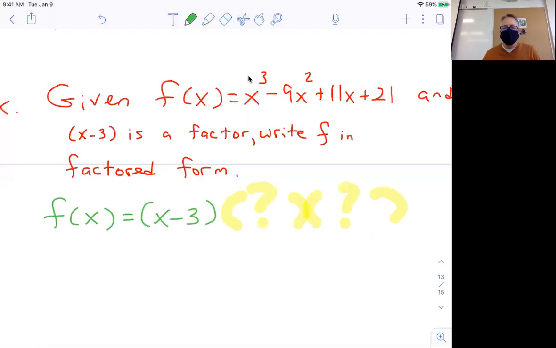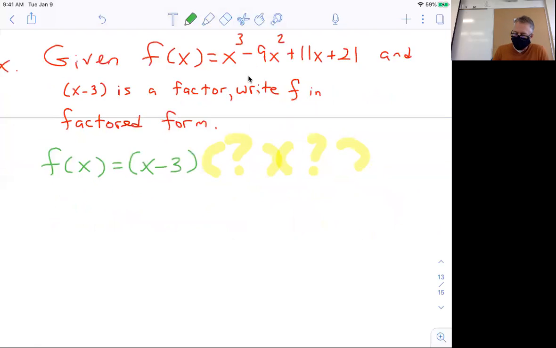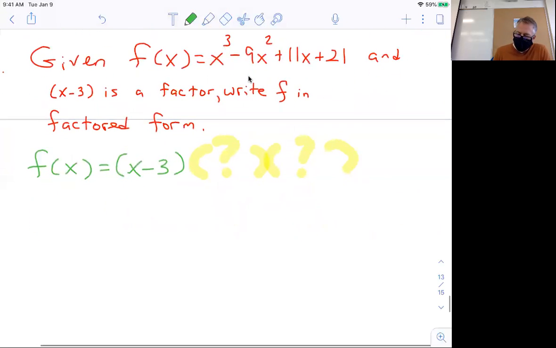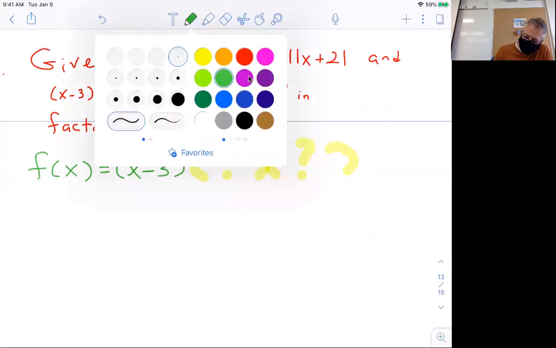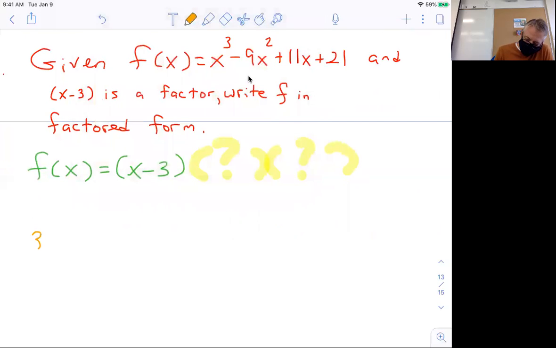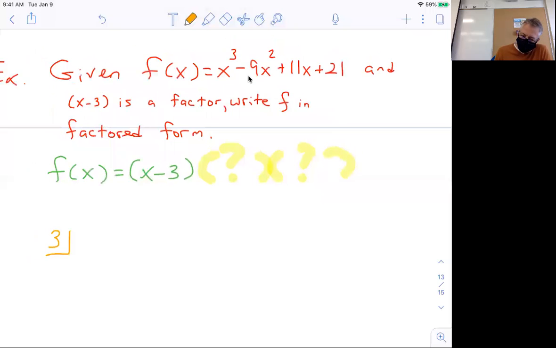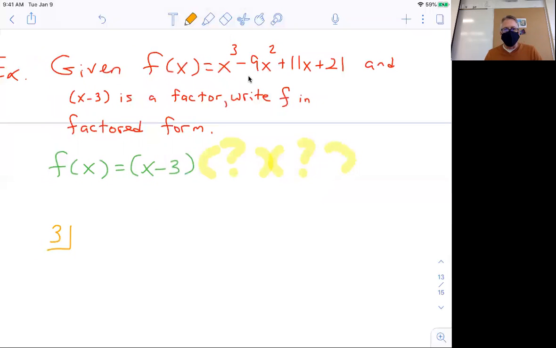So here's how we use synthetic division. We take the opposite of that number, which is positive 3, and we put that in the upper left corner of a little chart that I'm going to make.